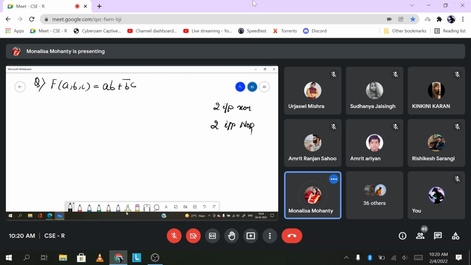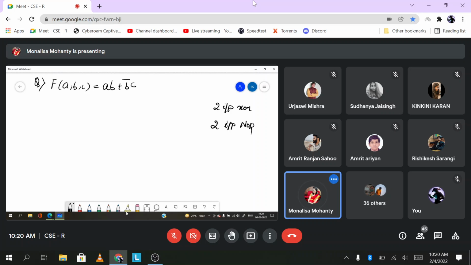Or say three input NOR, or say three input XOR. So in that case, you should know the behavior of the two inputs, or the behavior of three inputs, or the output expressions, and which multiplexer you should be taking.